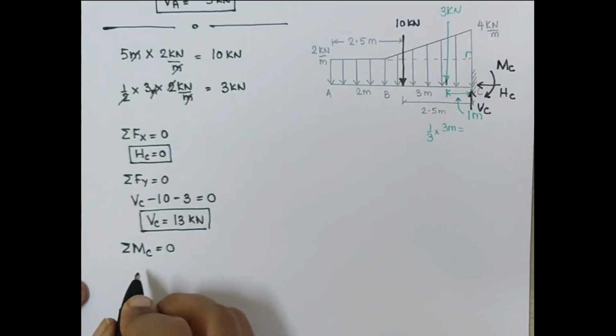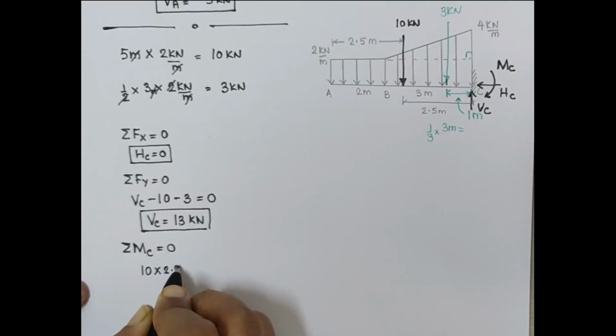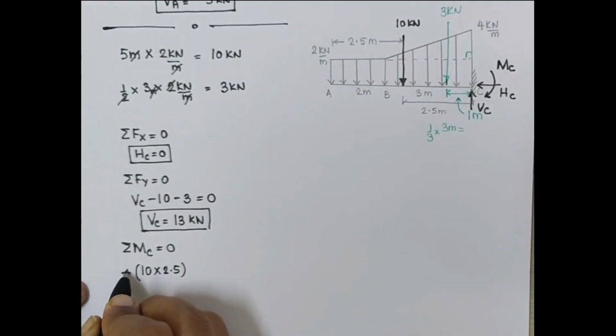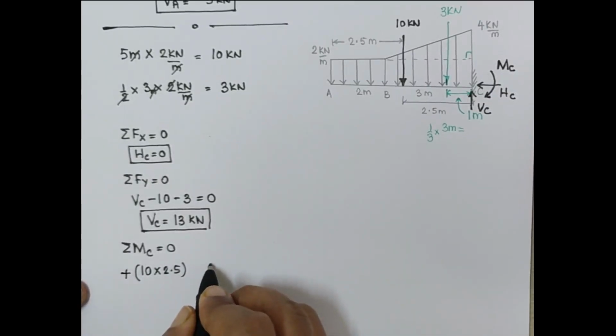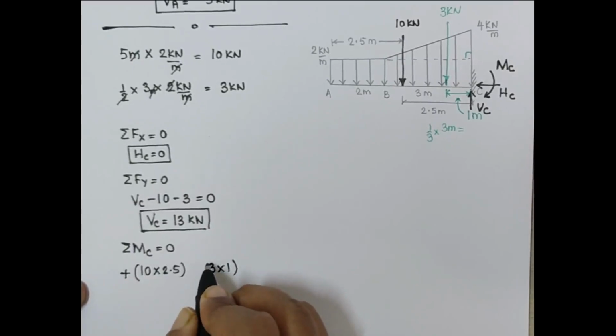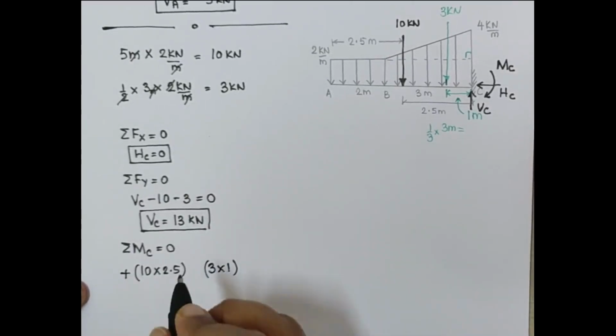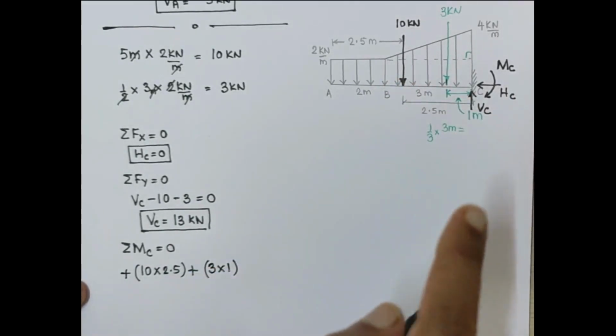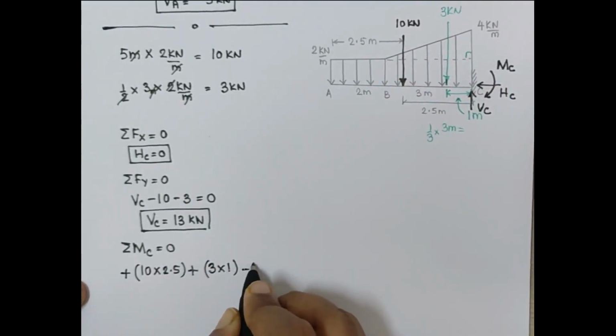So that will be 10 into 2.5, the distance. That will go anti-clockwise. Anti-clockwise is positive. Then we take the next force, that is 3 kilonewton into that distance, that will be 1 meter. That will again go anti-clockwise, so that is positive. MC on the other hand is acting clockwise, so that will be negative.